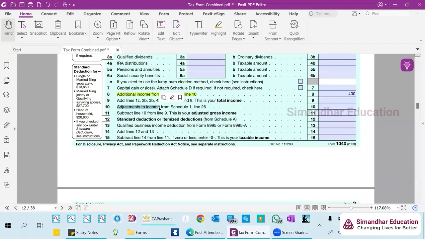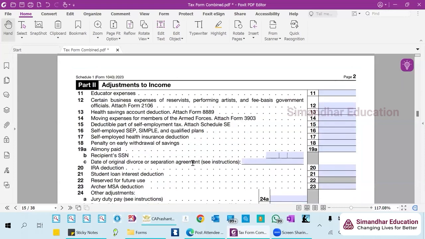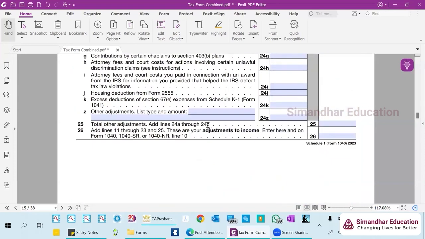Does this page have any of the details? Next to that, it says schedule 1, so you need to refer to schedule 1, line 26. The number is coming from line 26 of this.